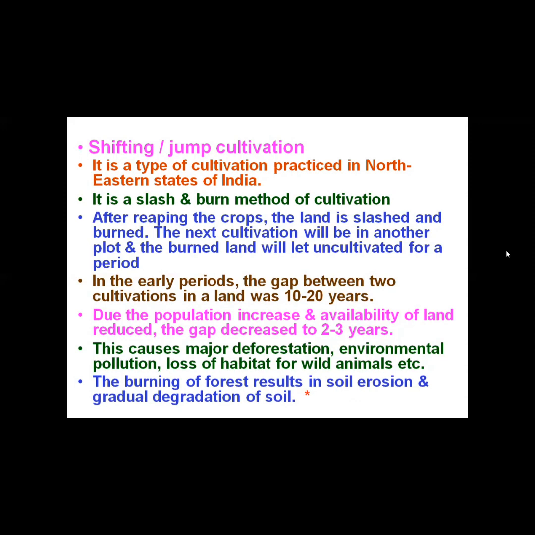The gap was earlier 10 to 20 years, but due to increasing population and decreasing land availability, the gap between two cultivations is now 2 to 3 years. Due to this, there may be major deforestation, environmental pollution, loss of habitat for wild animals, as well as soil erosion and gradual degradation of the soils from the burning of the forest.